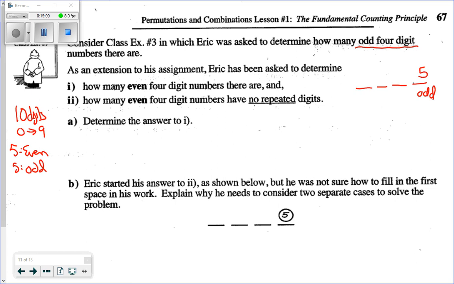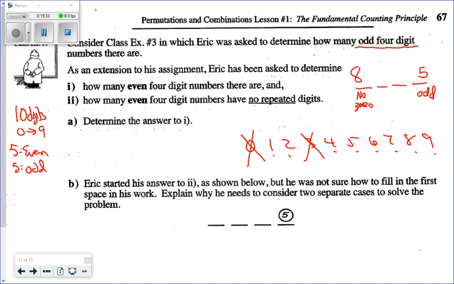And then do you remember how we said it can't start with a 0? So if I just write the numbers here. Pick me an odd number. 3. So we've used 3, so we can't use 3. For the first position, we're not allowed to use 0. So how many choices do I have for the first position? 8.